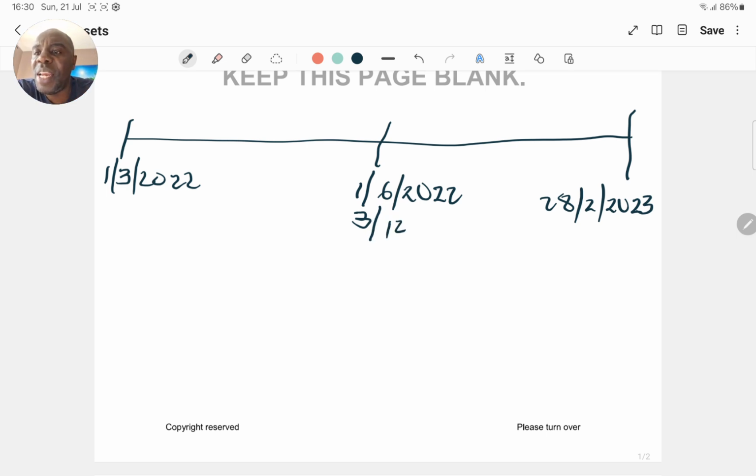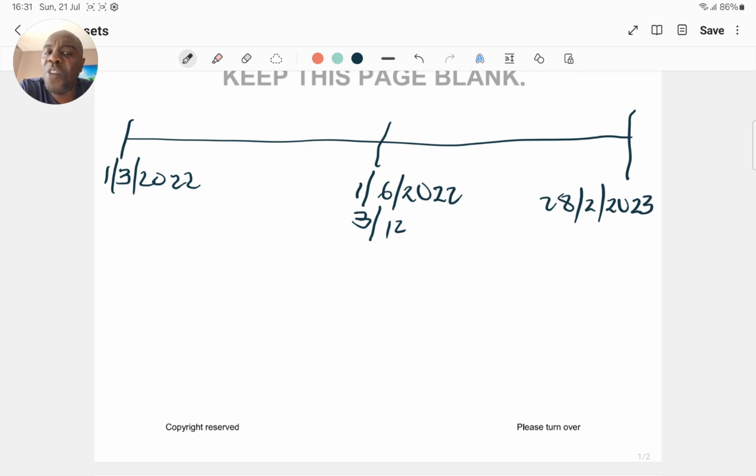So we are going to calculate our depreciation based on pro rata, only 3 months out of the 12, from the 1st of March 2022 up to the 1st of June 2022. Our calculation would be different if the asset was disposed of on the 30th of June 2022. Then we would have included June because we would have used it for the whole month. But according to this question, we only used it until the 1st of June. So it's only 3 months.